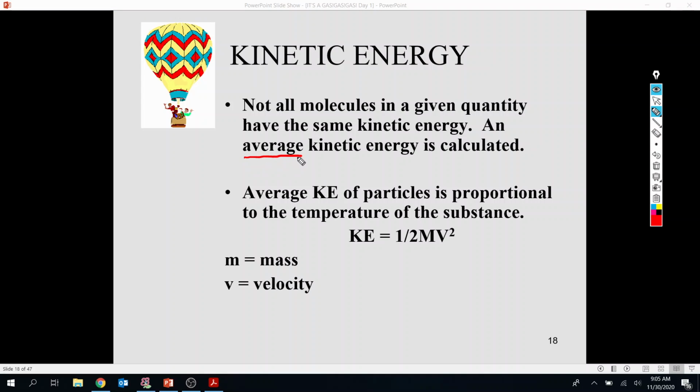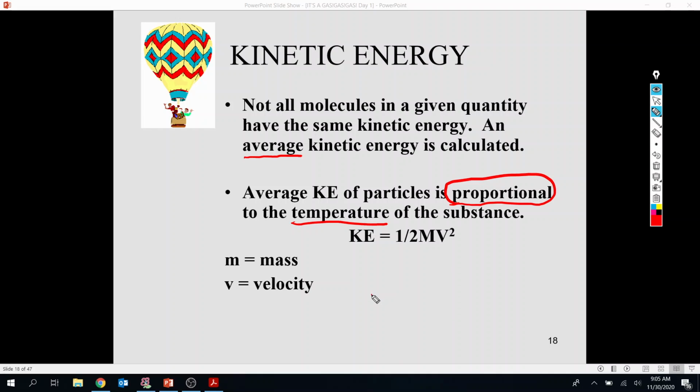Okay, so we're talking about an average kinetic energy. I mentioned that earlier, that it's the average kinetic energy, and that it is proportional to the temperature of the substance. Proportional is a fancy word that means that they will change by the same amount. And in fact, we're going to say they're directly proportional.